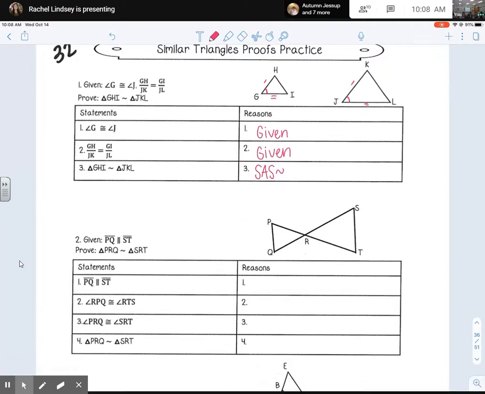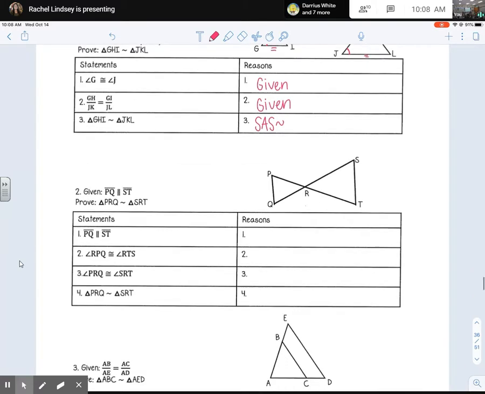Yes. Okay, so on number 2 it says we're given PQ is parallel to ST. We're given that. So are we given any sides are proportional? No, right? So if we don't have any sides, what does it have to be? Angle angle. Because we're not given any sides proportional.